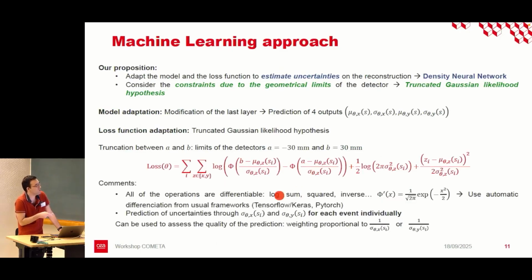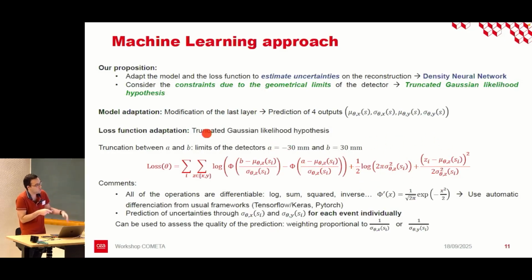So here we obtain a new loss function, that is this one, and actually it's not so complicated. We can recognize here the part that corresponds to the normalization factor corresponding to the truncation, and here it's the classical Gaussian likelihood.